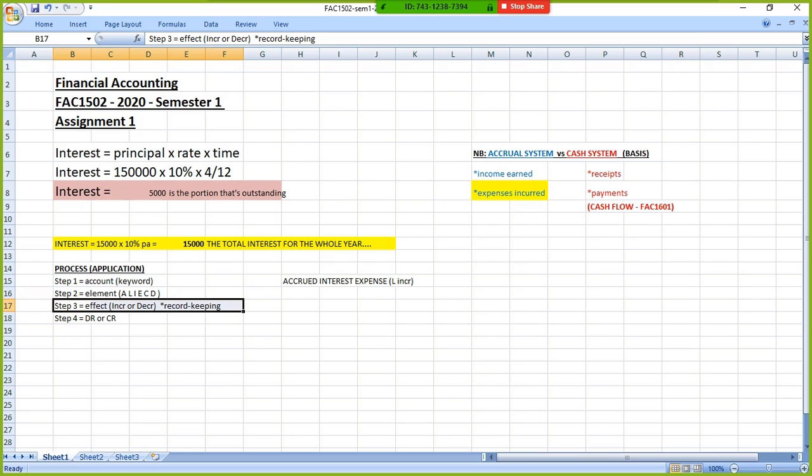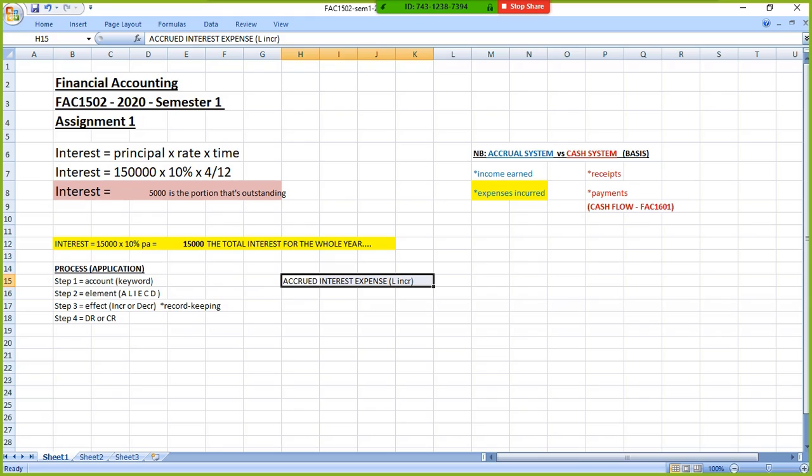So you have to do FAC1502 1601 before you do any of the other subjects. And the reason for that is this: record keeping. Can you interpret the information? And once you can, then you can apply it. So this whole subject is just looking at that one thing: record keeping, creating information, being able to interpret and understand it.